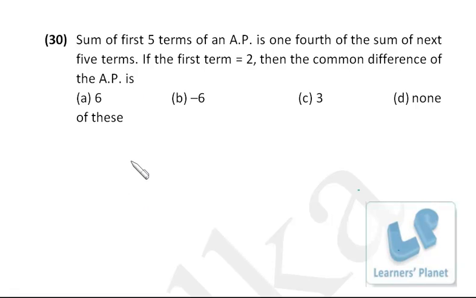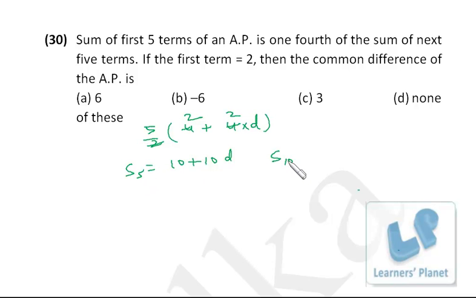So the sum of the first 5 terms of an AP will be 5 by 2 times 2a. A is 2 over here. So 4 plus (5 minus 1), that is 4 into d. So that is 2 plus 2d, or we can say 10 plus 10d. That is the sum of first 5 terms.